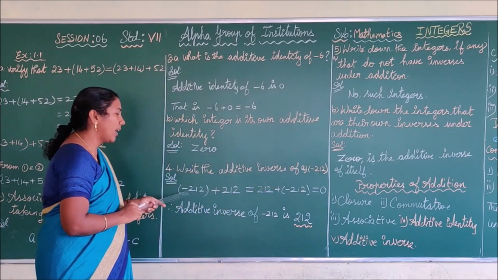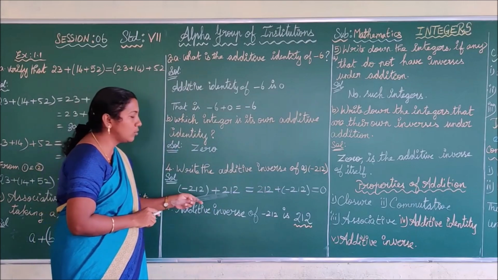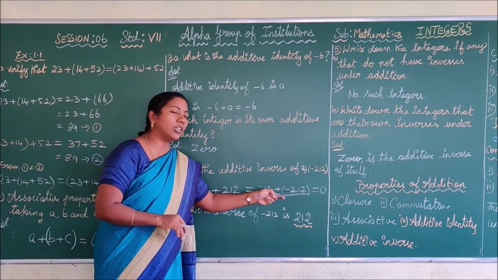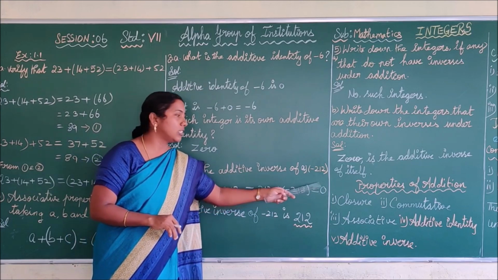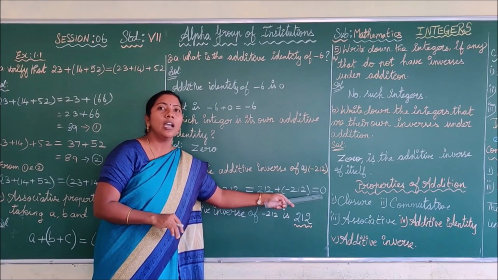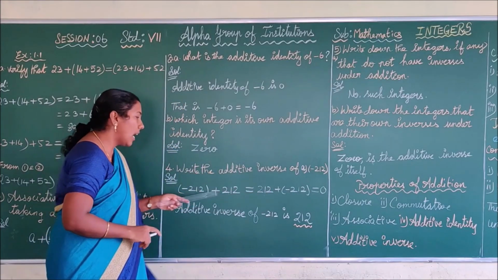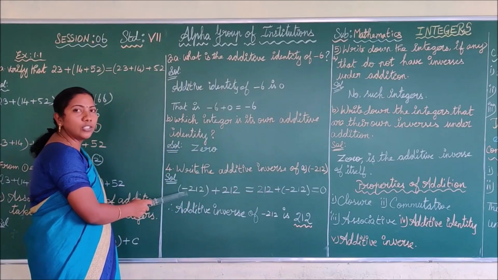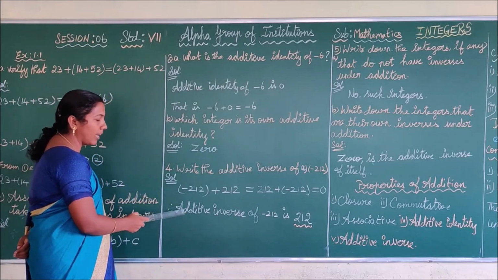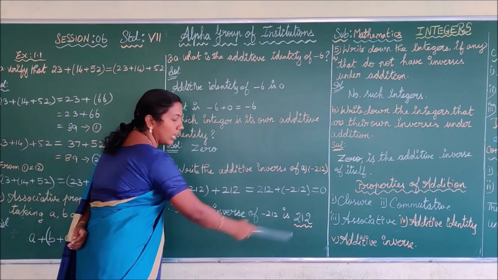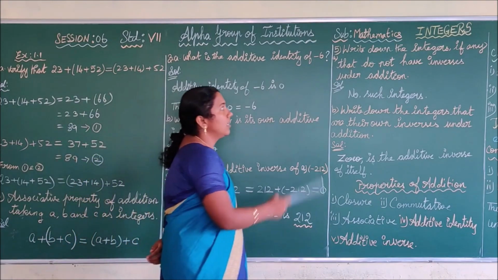That is, minus 212 plus 212 or 212 plus minus 212. What is the answer? 0. What is 0? 0 is the additive identity. So we can call this number the additive inverse of minus 212. Thus we have to write additive inverse of minus 212 is 212. It's clear, children? See the next one.